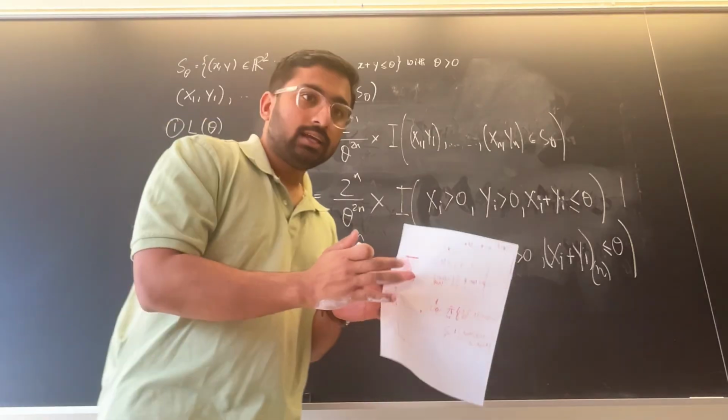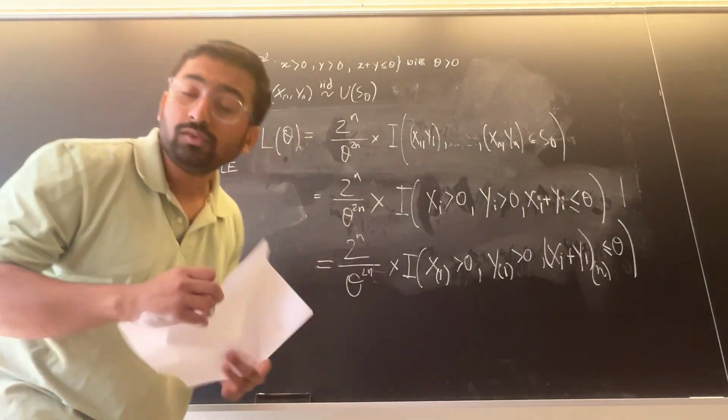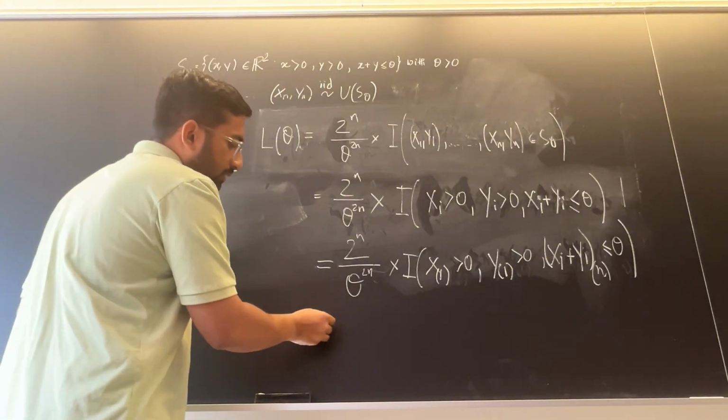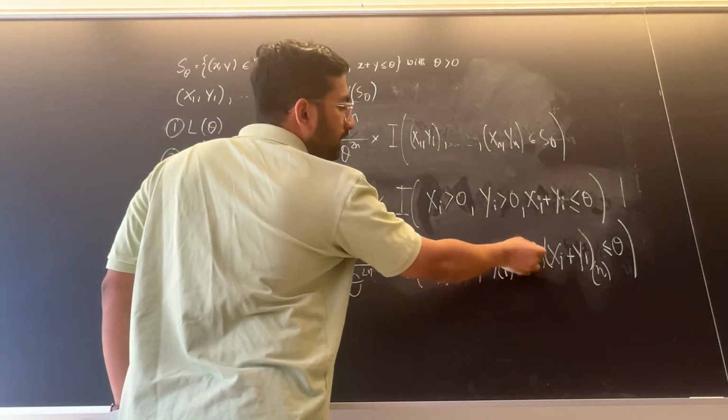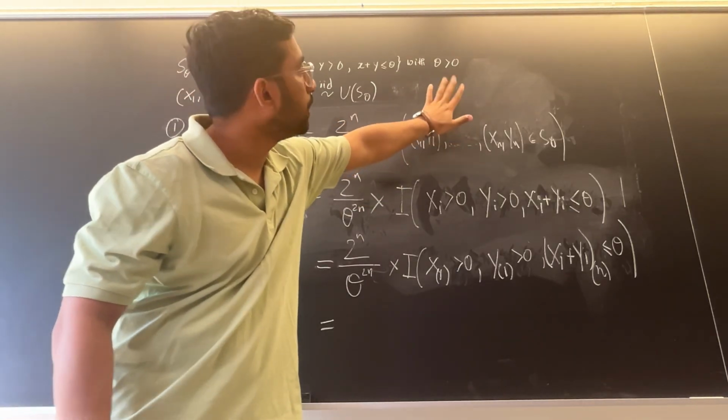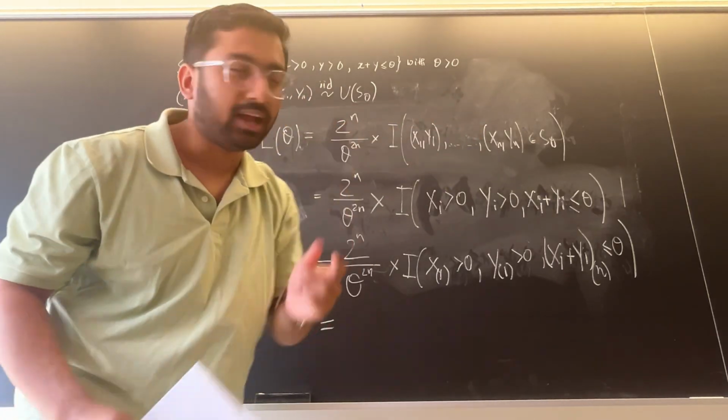Now this is a function of theta, remember. So we will separate this into a theta part and a non-theta part. For example, this indicator is not dependent on theta, so we can take it out. Again, we will use the product of indicator random variables property, which is not written here, but imagine that.